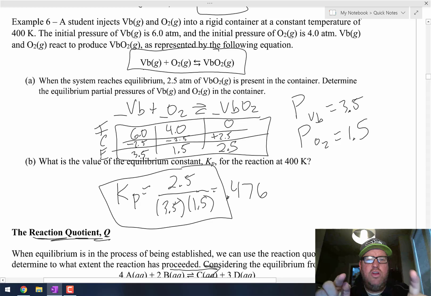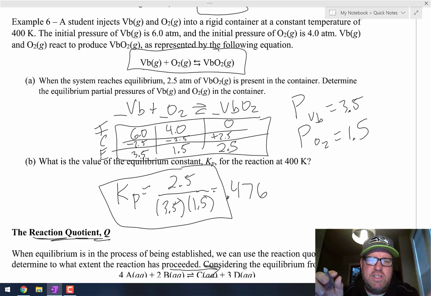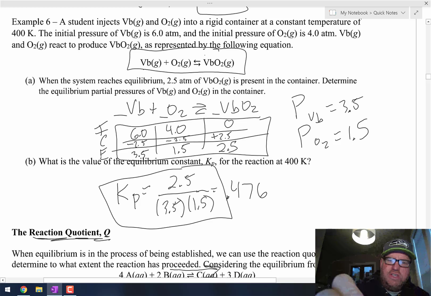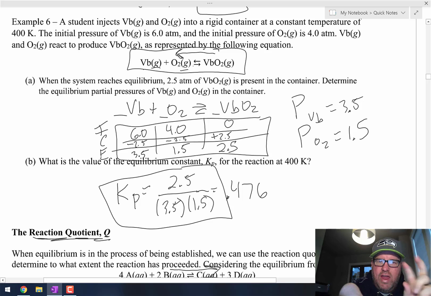So with a larger volume, you have a lower pressure. And with a lower pressure, it's going to shift to the side with more gas particles. Basically, there's more space, and so you can allow more gas particles to be in there. So when you increase the volume, the reaction is going to shift to the side that has 2 gas particles, where over here you only have 1 gas particle.